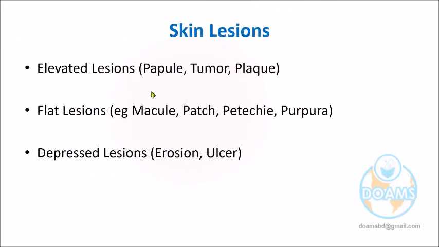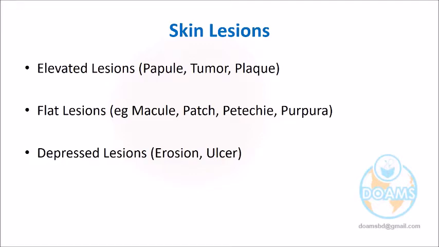Anyway, now let us look at some appearances of the skin lesions. We will try to understand some morphology and other features. In the later part of today's discussion, we will look at the approach to reach a diagnosis considering many issues.